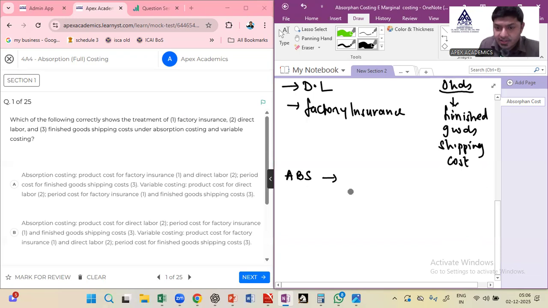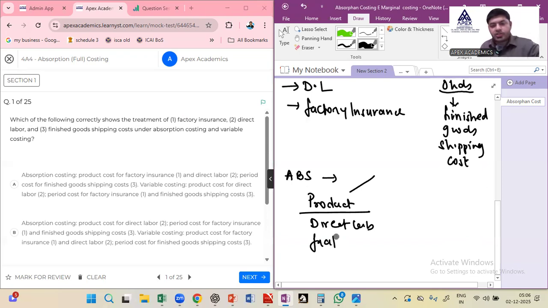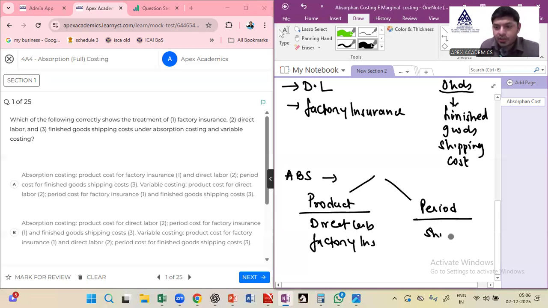As far as that is concerned, when I look at product, under product, I will obviously put my direct labor, I will also put my factory insurance. But when it comes to period, selling and distribution are non-manufacturing, therefore they become period. So my shipping cost go into period cost.